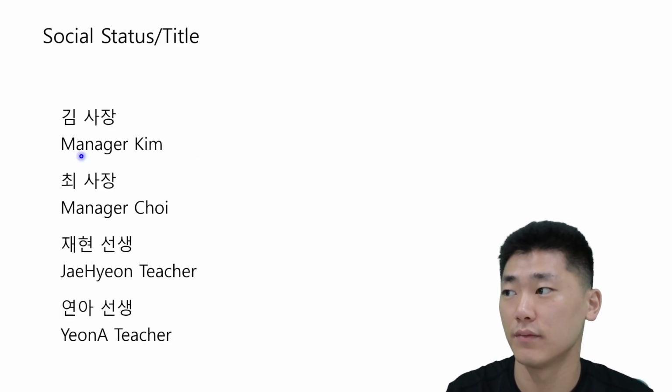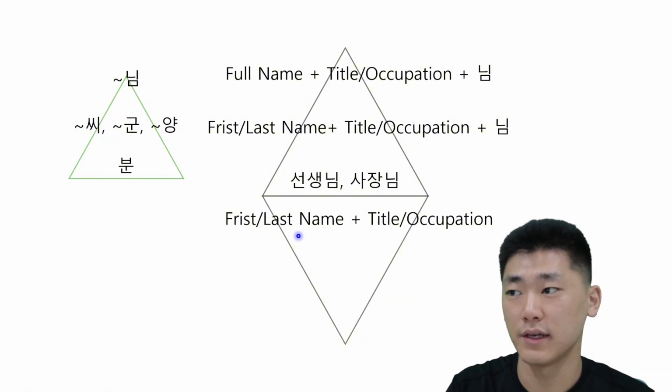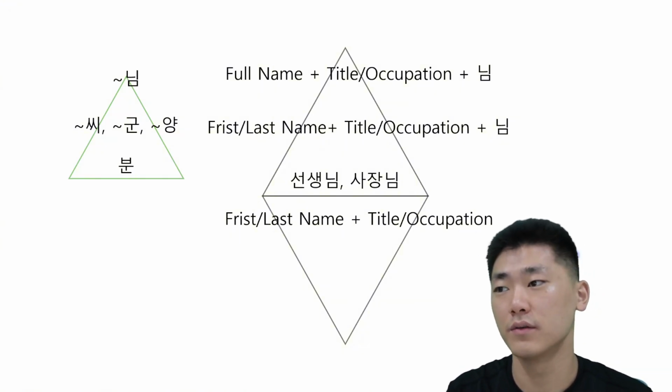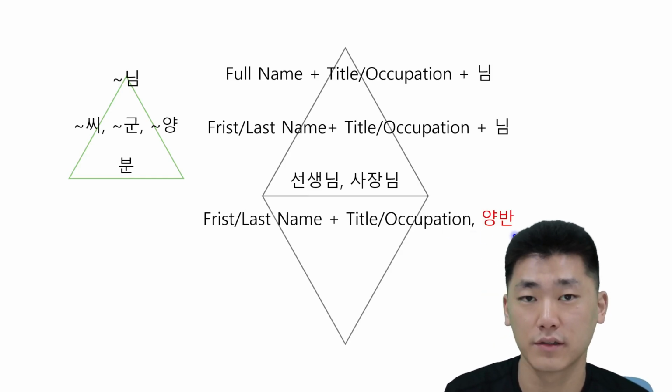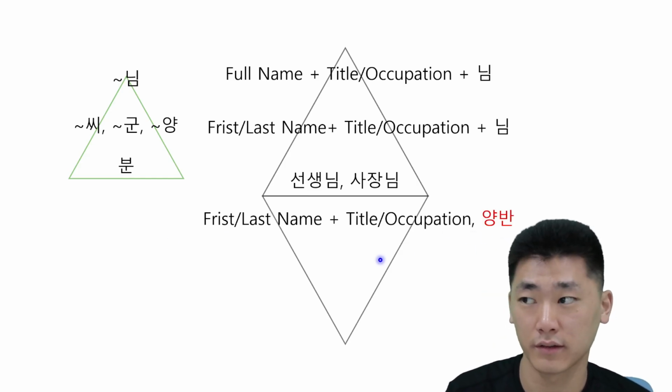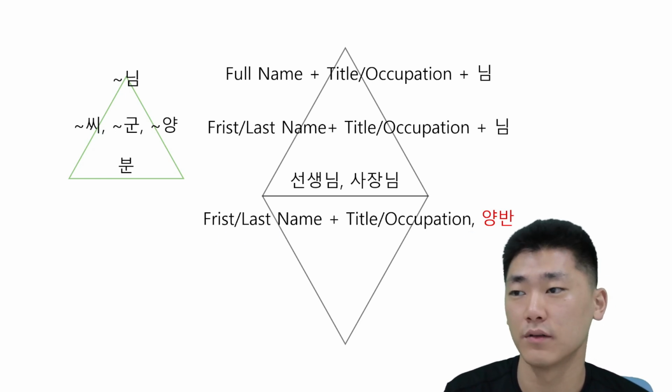So last name and occupation, first name and occupation. And the 양 we just learned can be ranked at the same level at the top of the lower pyramid.